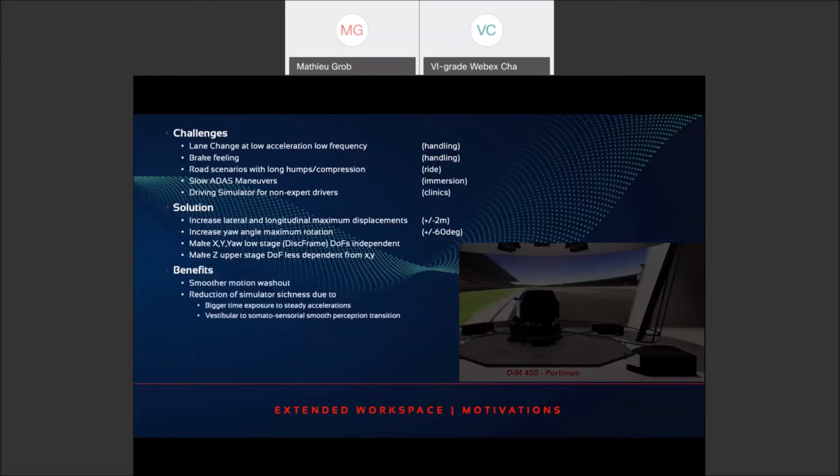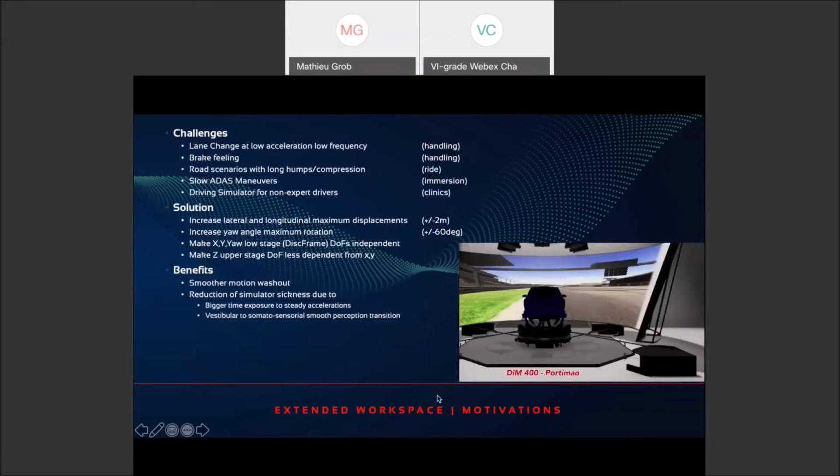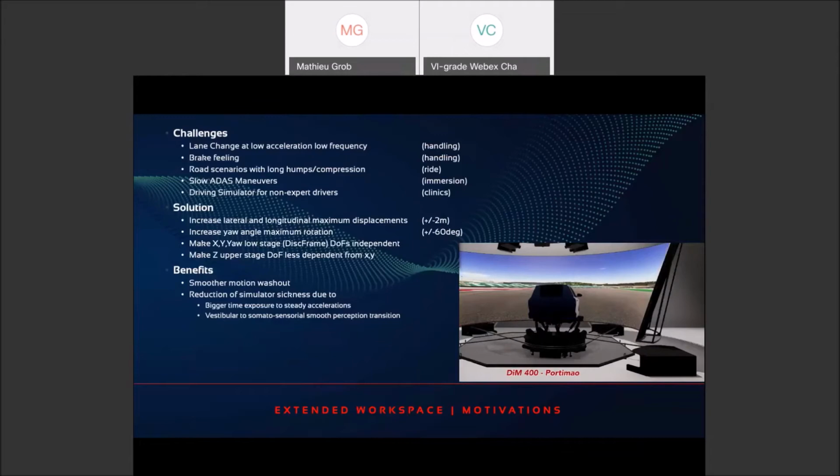So the benefits are a smoother motion washout. The washout is when the simulator comes back in position to prepare the next maneuver. This motion can sometimes provoke motion sickness. So if you increase the workspace, you have less need for it.